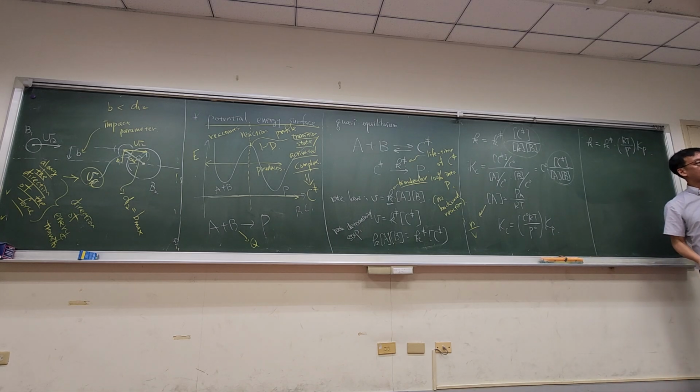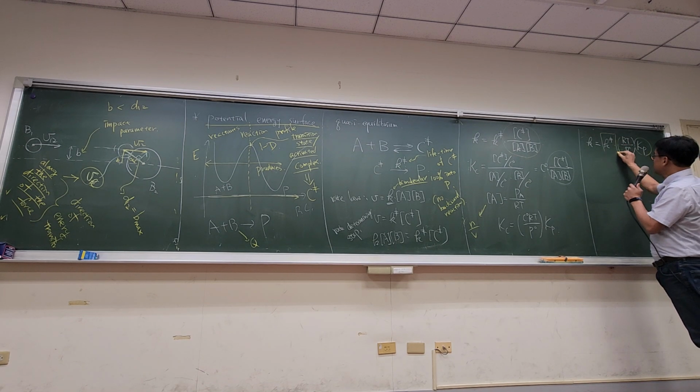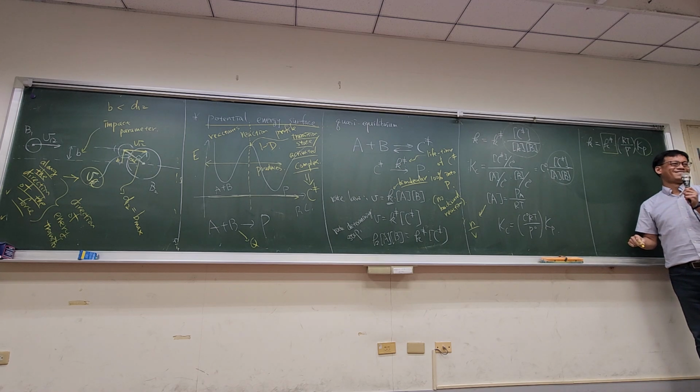Now we learned how to calculate Kp already. The thing we calculated last time, the equilibrium constant, is the equilibrium constant in pressure, because the reference states are gas phase states. The key thing here is we need to figure out K double dagger.